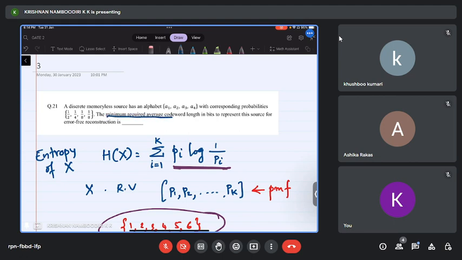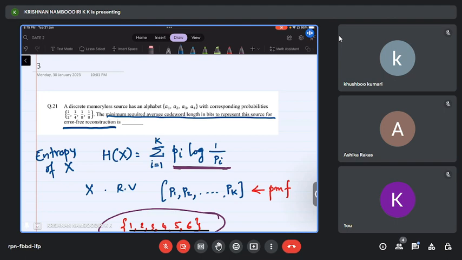This is the physical definition of H of x. Basically, entropy has significance in two particular cases. One is in source compression, that is this definition, and the other you will see later. So entropy is the minimum required average code word length to represent a source for error-free reconstruction.